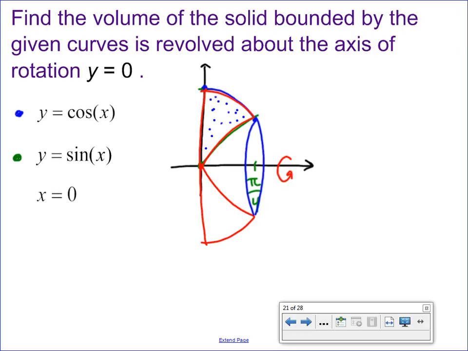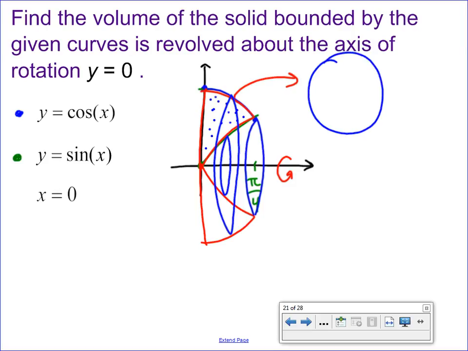So, let's do that. Here we go. We'll take that cross-sectional slice and turn it out to face us. And when we do, it looks like a donut or a flat washer. We now need to write an area formula for that washer.